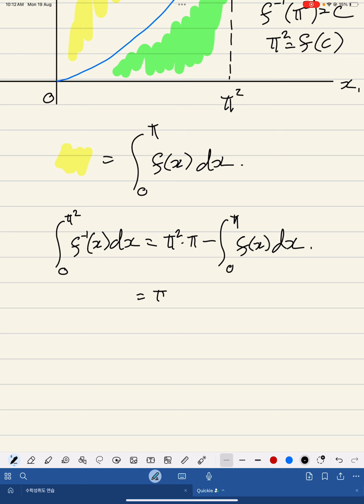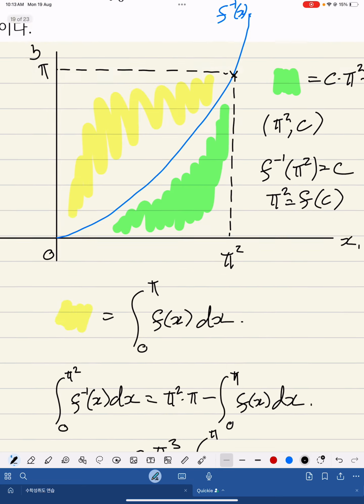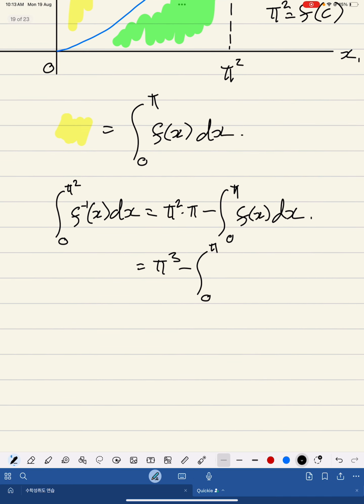So that's just pi cubed minus the integral from 0 to pi of sine x plus pi x dx, right?